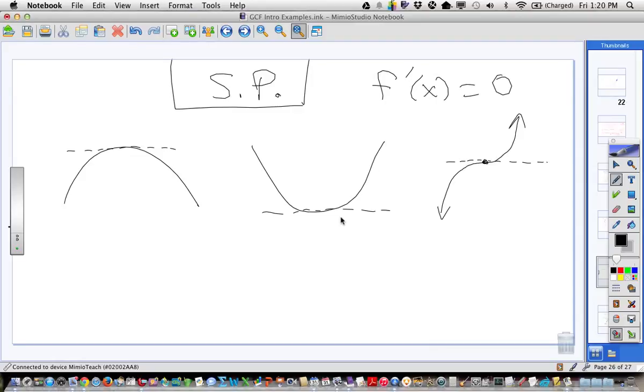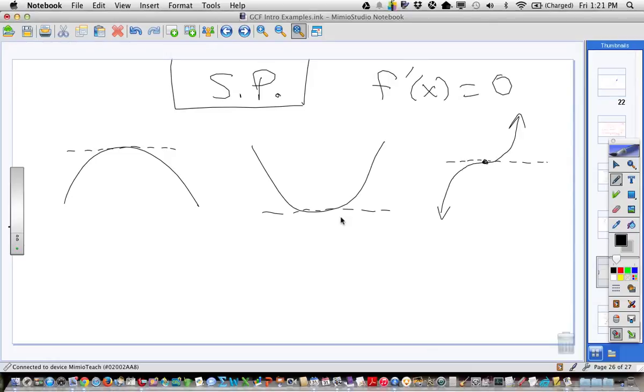Now, what the first derivative test is all about is testing a function to see if you have a local max, a local min, or neither, like what I show on the board here. So we already looked and we said a local max or min could be when the derivative is 0, or maybe when it's undefined.